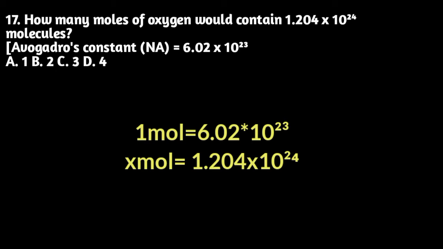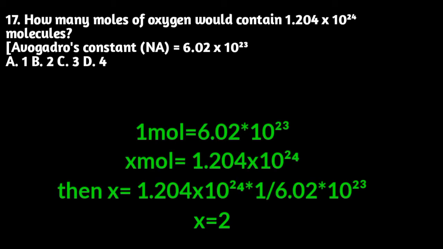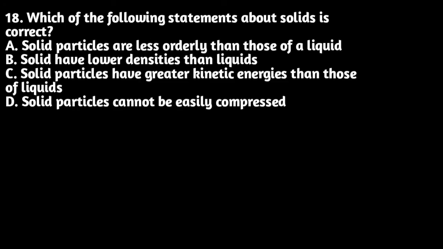Introducing my divisions, I'm going to have 1 over x equal to 6.02 times 10 raised to the power 23 over 1.204 times 10 raised to the power 24. Now, making x the subject of the formula, I have my answer to be 1 times 1.204 times 10 raised to the power 24 over 6.02 times 10 raised to the power 23, which gives the answer 2 when you use your calculator.